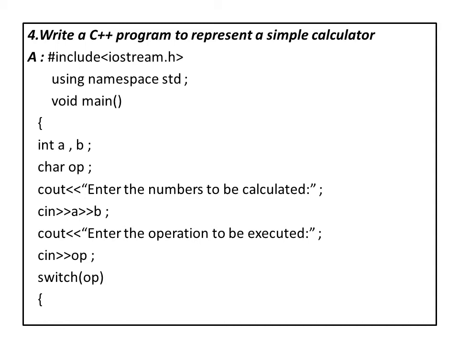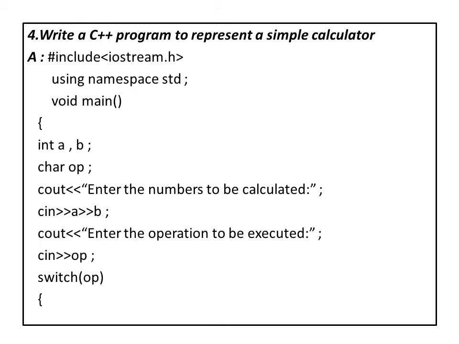So in this program we are using a switch statement. Now it's either to add or subtract or multiply or divide. We need 2 operands, right? So we declare 2 variables named a and b, and to access a switch we need a different type of variable.